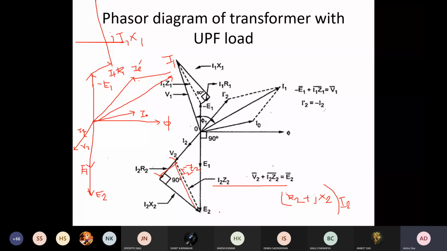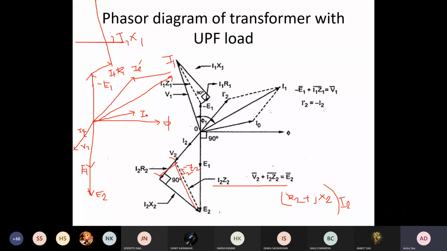Once we parameterize the transformer, that means we get the equivalent circuit, we can get all these drops and complete this phasor diagram accurately. But this is actually a rough sketch, so this is how we draw it, and V2 plus this drop is equal to your E2, right?